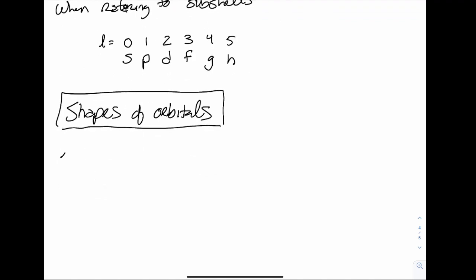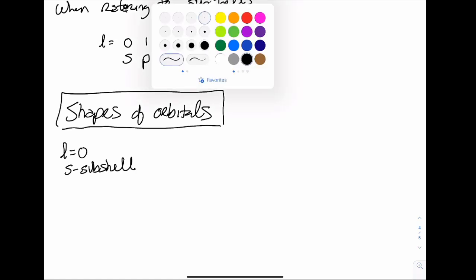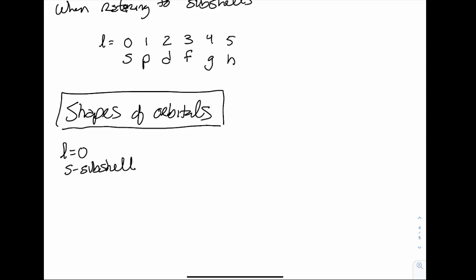So when L is equal to 0, that's my first value for L. That means it is an s subshell if we were to use our letters. How many s orbitals do I have per subshell? What are my possible values for m sub L? When L is equal to 0, m sub L is also only equal to 0.